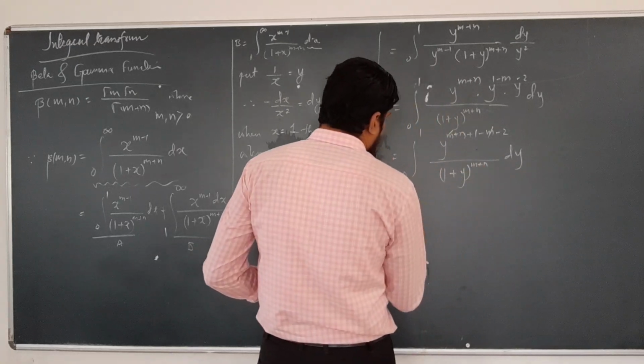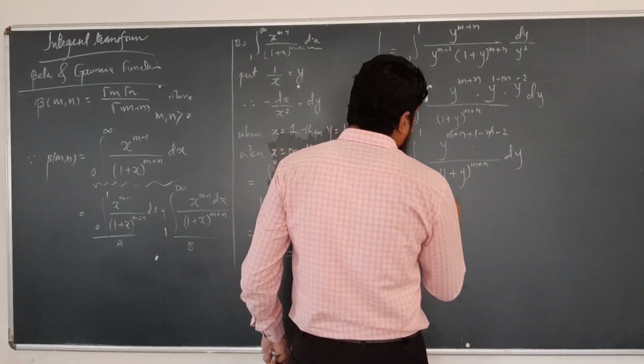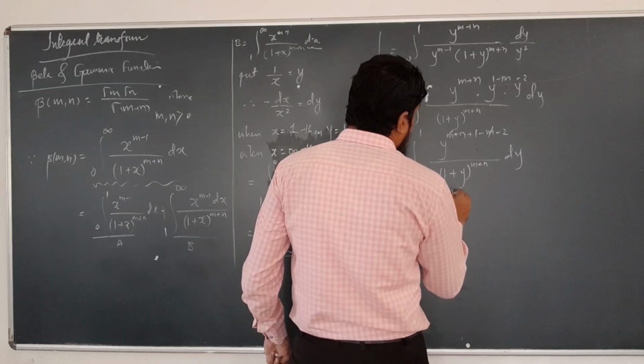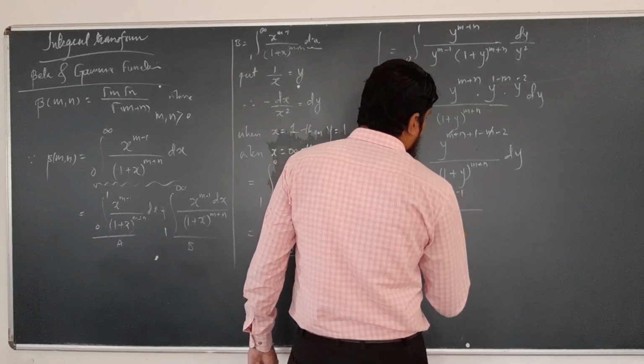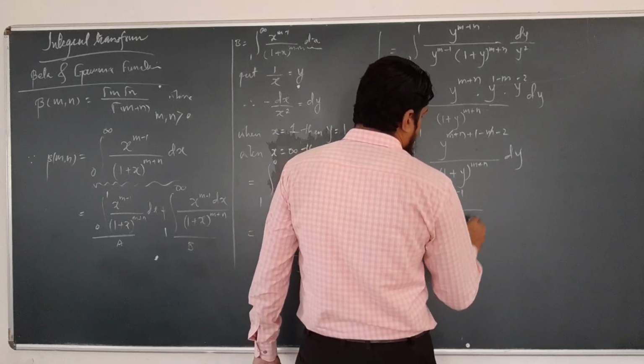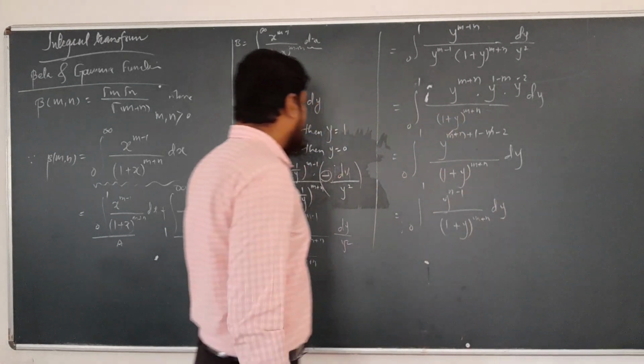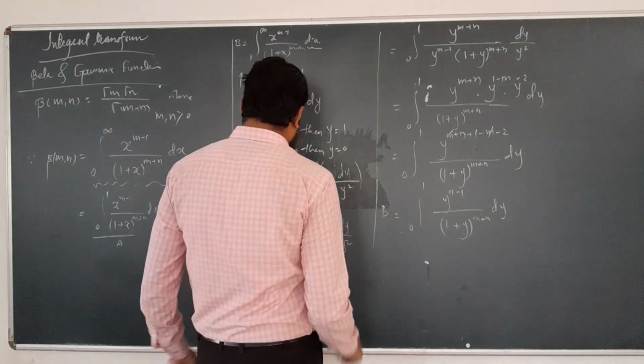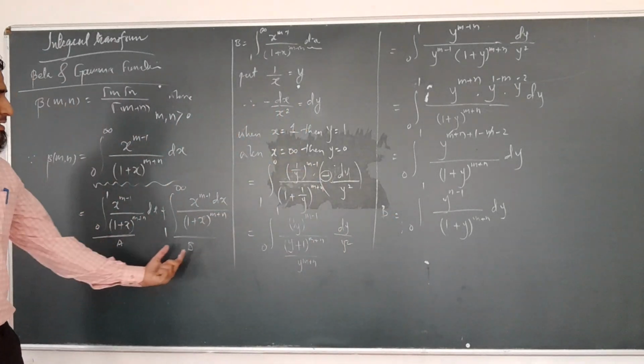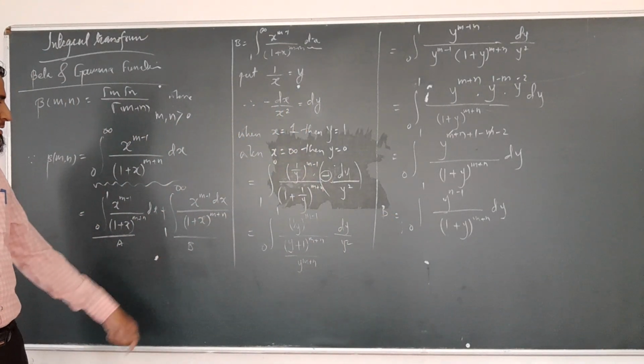We will get integration from 0 to 1 y raised to n minus 1 upon 1 plus y raised to m plus n dy. This is our part B, and we have part A plus part B.